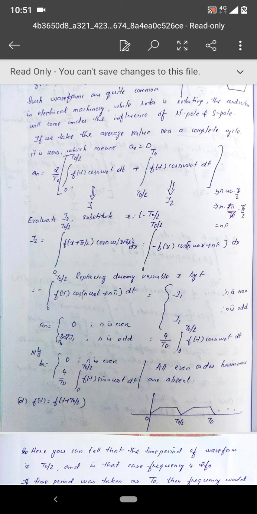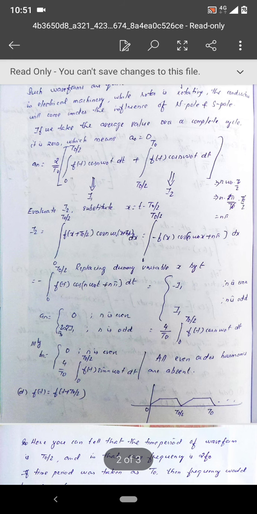I made a wrong step here. Let me open that: n omega naught x plus n omega naught t naught by 2. That is what we get.